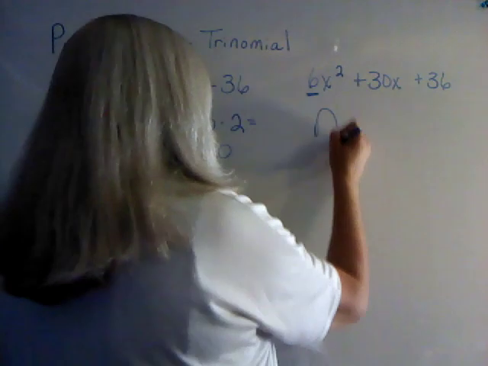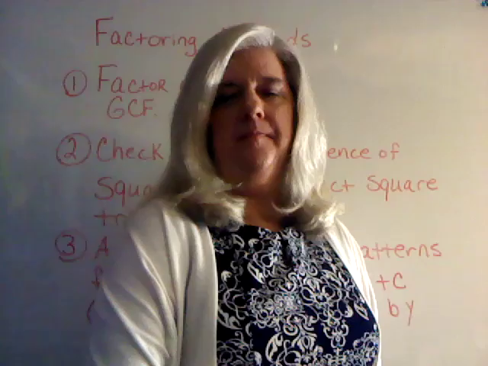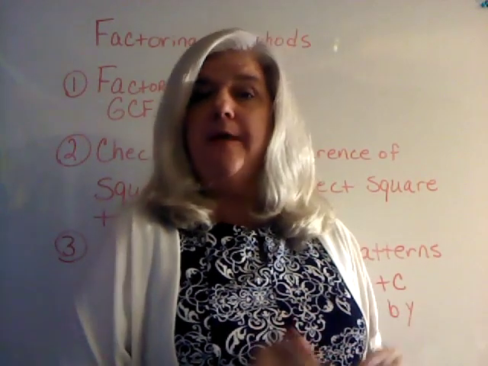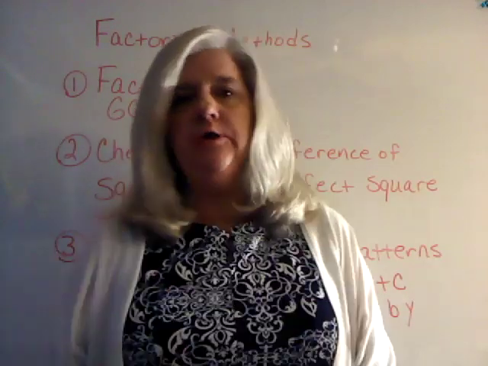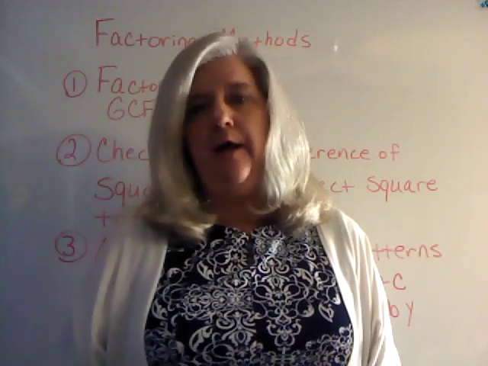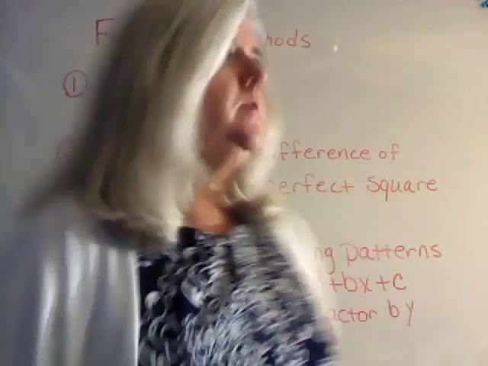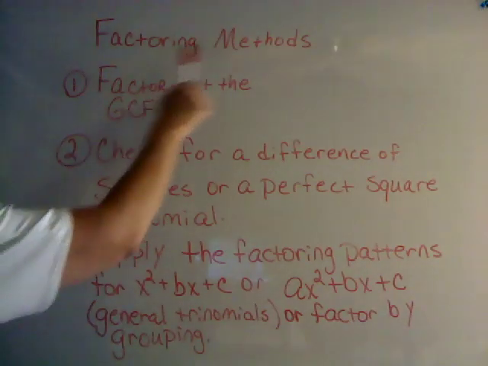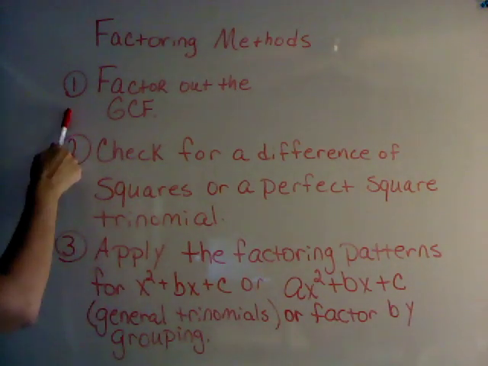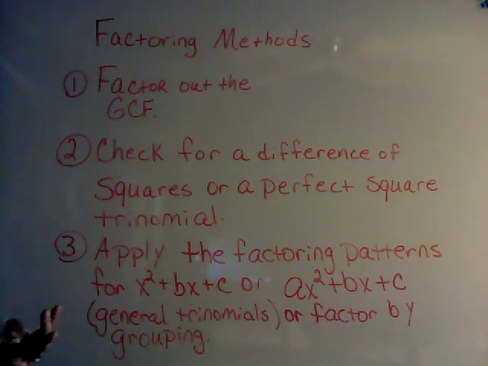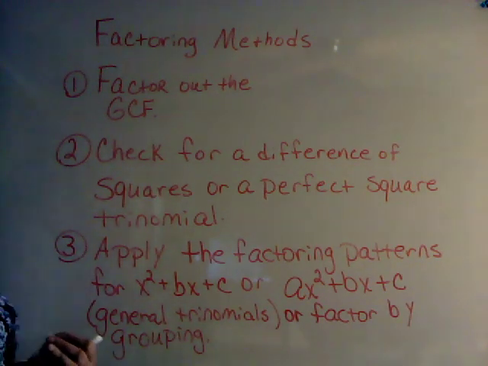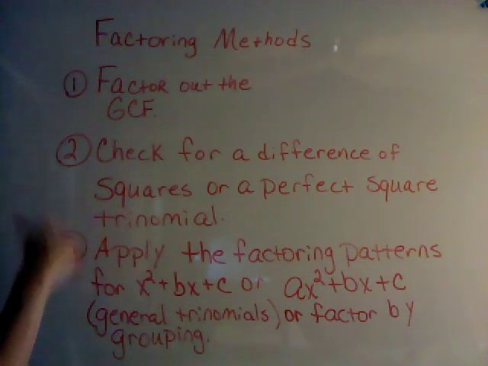So this is no. Now we are going to talk about some factoring methods that we have already learned and that we have just learned that we can use to factor polynomials and trinomials. One, we're going to factor out the GCF. If it has any kind of greatest common factor, we're going to pull that out of our trinomial.